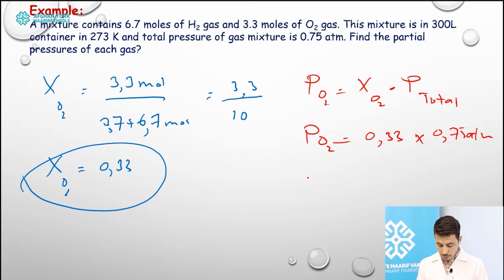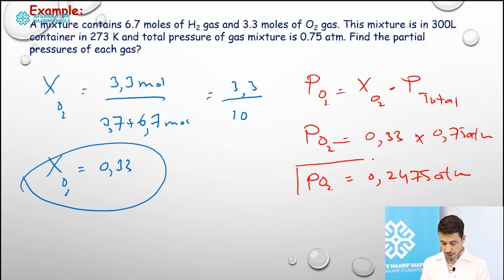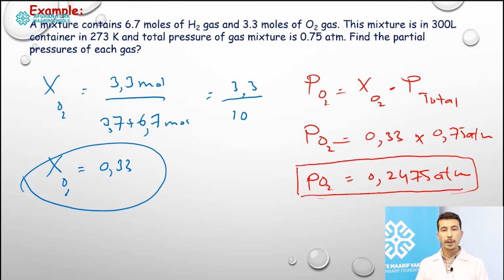So what will be the partial pressure for the oxygen? If you multiply these two, the answer will be 0.2475 atmosphere. So this was the partial pressure for the oxygen. We remember the partial pressure for the hydrogen was 0.5025, and the partial pressure for the oxygen is 0.2475.